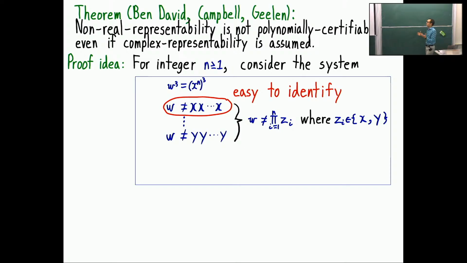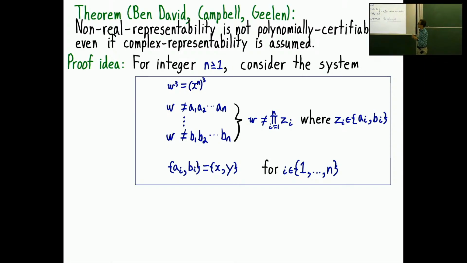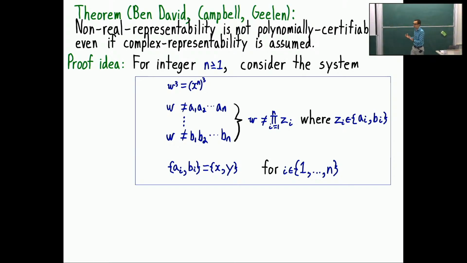So we need to hide or obfuscate which of these is the inequality or non-equality that prevents a real solution from existing. And so for each additional word of the product, we'll have AI and BI instead, and you don't know necessarily now which is which.